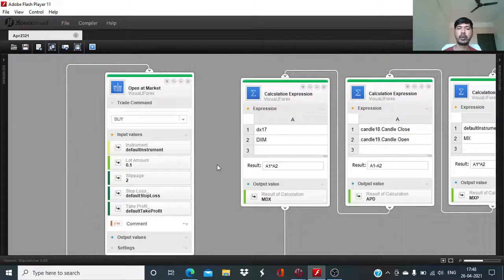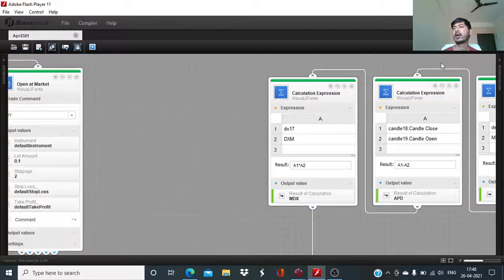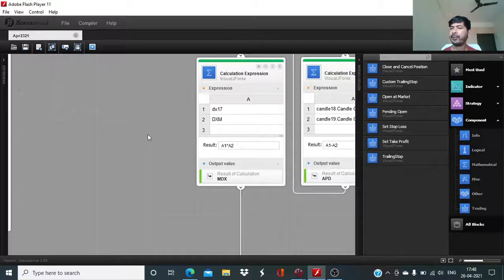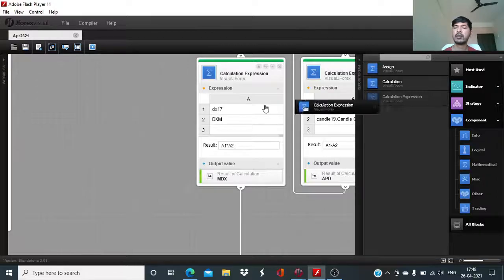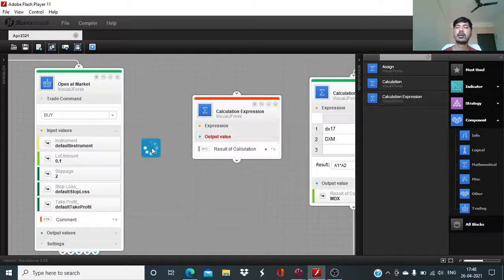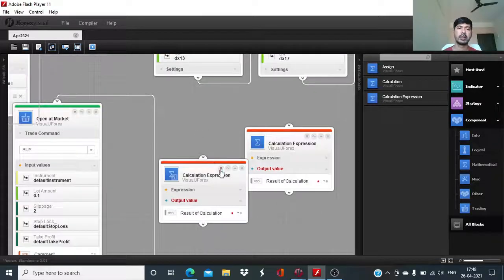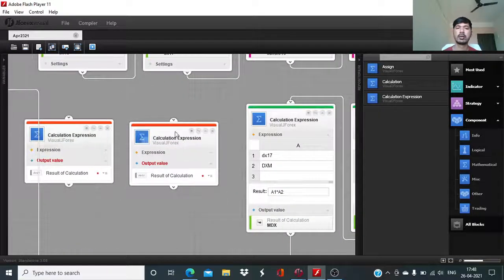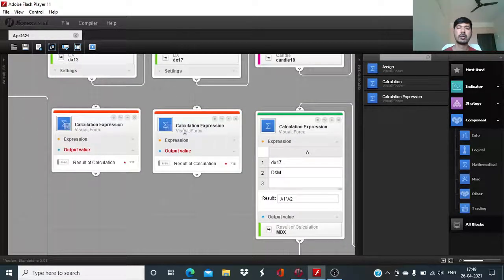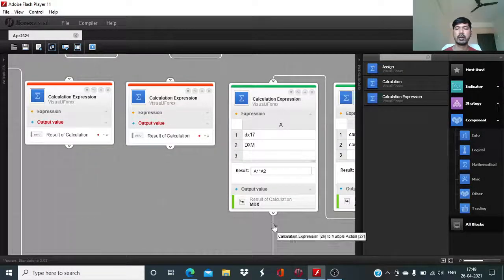So we are going to do precisely that, and for that 2 more calculation expressions will be needed. I will take this and disconnect this one.